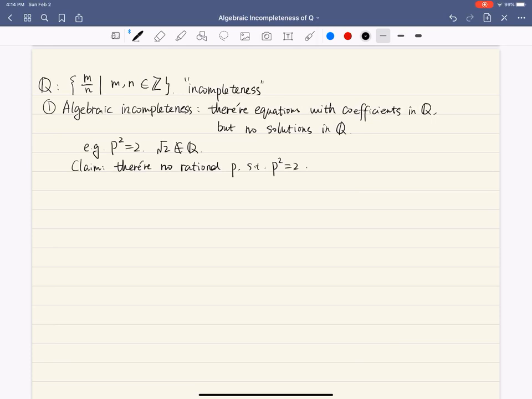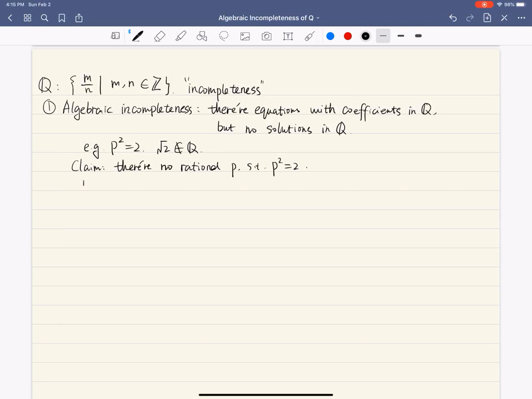Well, our claim is that there are no such rational number p. But what if there is such a rational p? What will happen if there is such a rational p, such that p squared equals 2? And that proof is called proof by contradiction in mathematical terms.